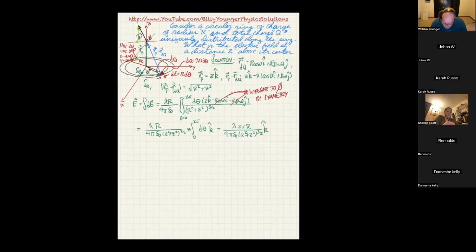Can anybody tell me what 2 pi r is with regards to this particular ring of charge? Anyone?